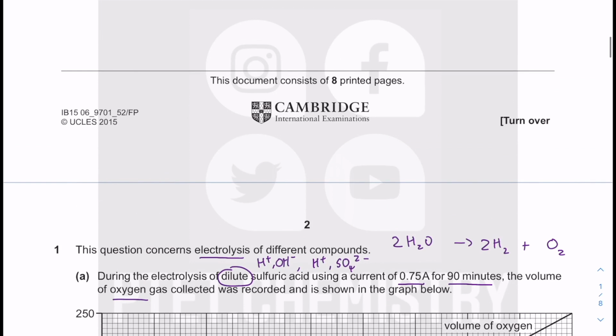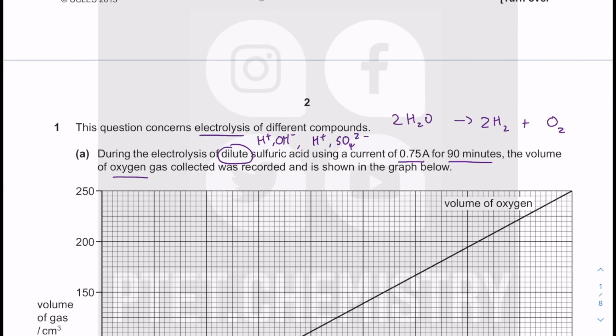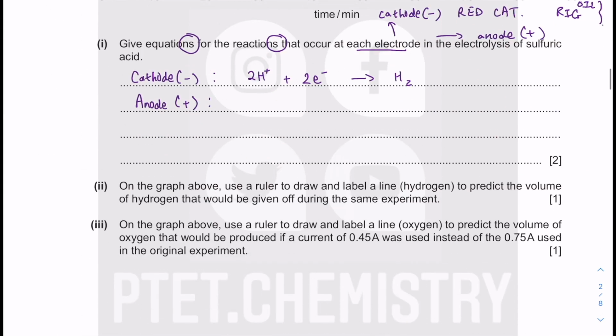Looking at the OH- and the SO4 2-, your GCSE, IGCSE or O-level, even your data booklet from your theory paper would have told you that the hydroxide gets preferentially discharged over the SO4 2-. Preferentially discharged meaning in this case it prefers to undergo oxidation based on the E0 value more than the sulfate ion. Alright, so we have the OH-.